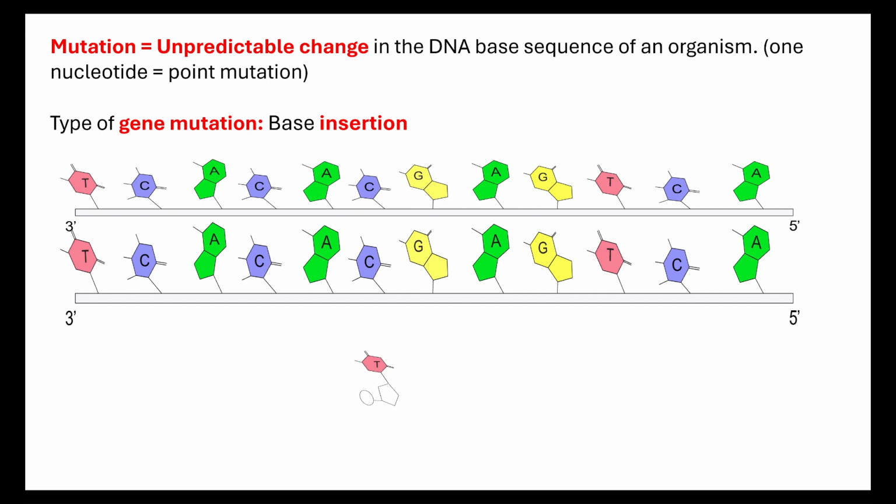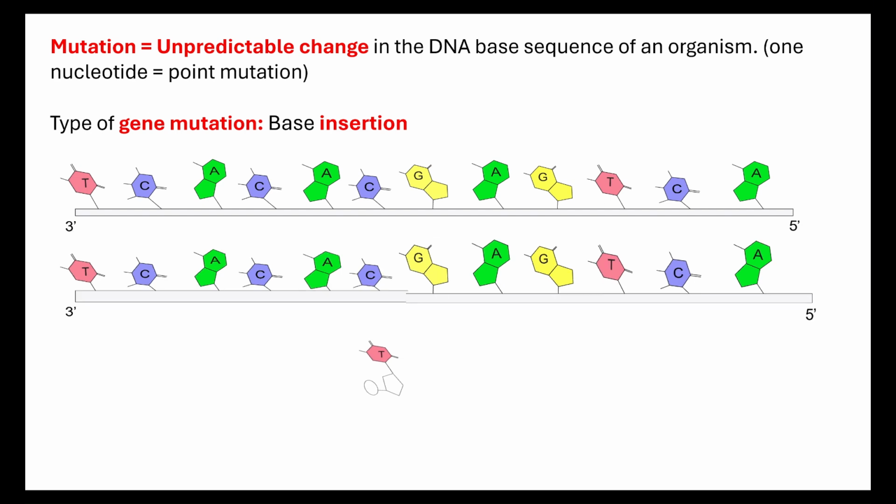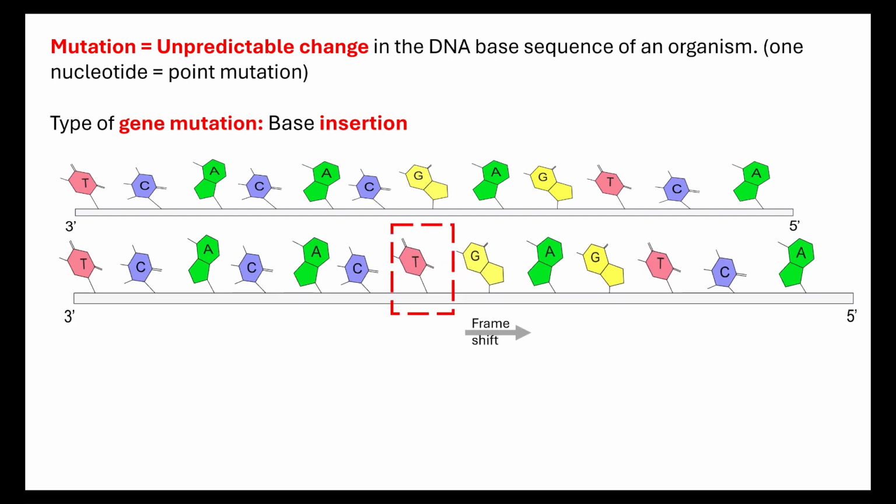So let's look at another type of gene mutation, which is a base insertion. So if my base inserts, as we've just shown here, my thymine got inserted, what we resulted was a frame shift. So all of the other DNA base sequence were shifted down the frame. Now remember, we have our triplet code, we have non-overlapping.